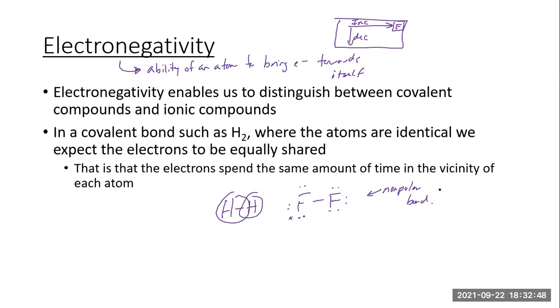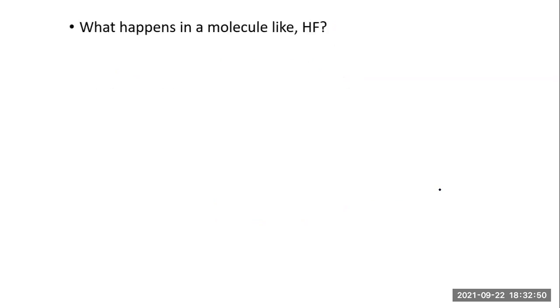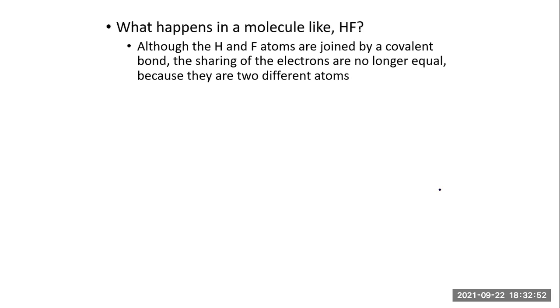But what would happen if we swap out one of the fluorines for something like hydrogen? So if we take hydrogen and bond it to fluorine, these are now two different elements.